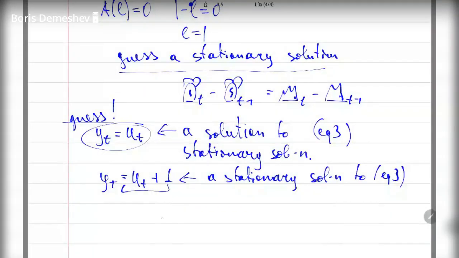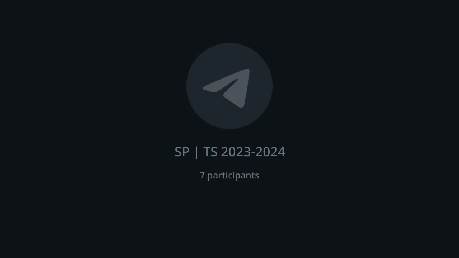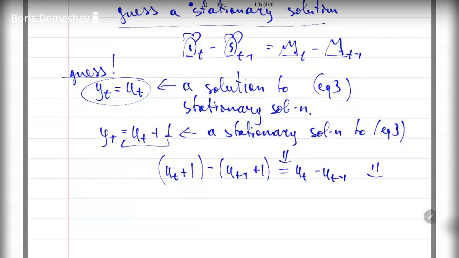You can just check that it's an honest solution: y_t plus 1 minus y_{t-1} plus 1 is equal to u_t minus u_{t-1}. Yeah, that's okay. So we have infinitely many stationary solutions in this case.